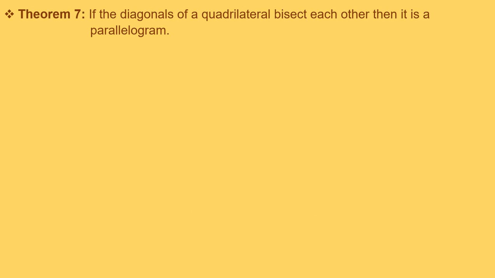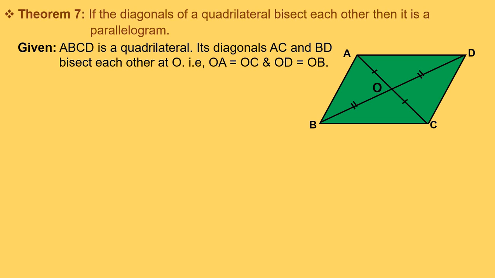Theorem 7. If the diagonals of a quadrilateral bisect each other, then it is a parallelogram. Given ABCD is a quadrilateral, its diagonals AC and BD bisect each other at O. That is, AO is equal to OC, OD is equal to BO. To prove ABCD is a parallelogram. Proof.